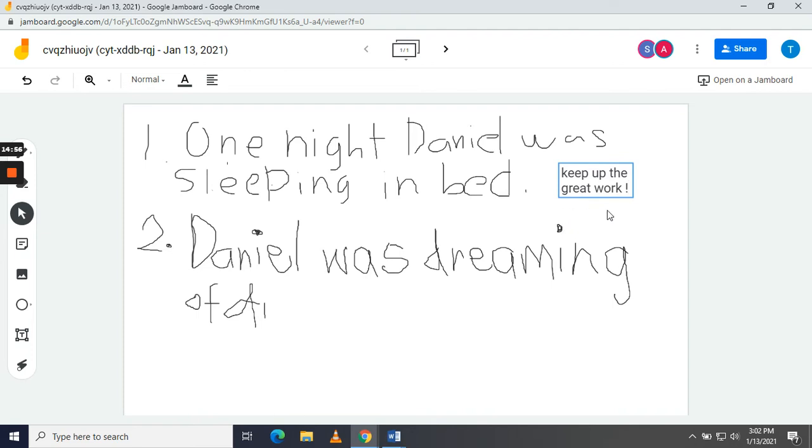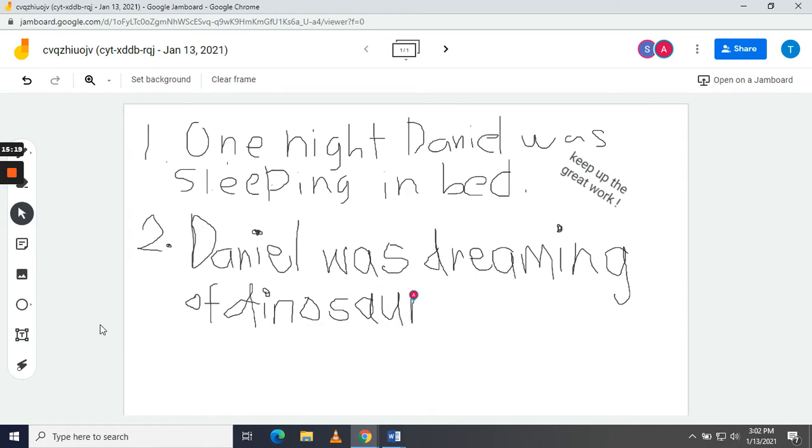With this Jamboard also, we can put up motivational words or phrases at the end so that the student is able to see it, and it would have the student continue to do their work. It looks like Mr. Arnold is almost done. He's doing such a great job. He was also able to number it just like Miss Shirley.